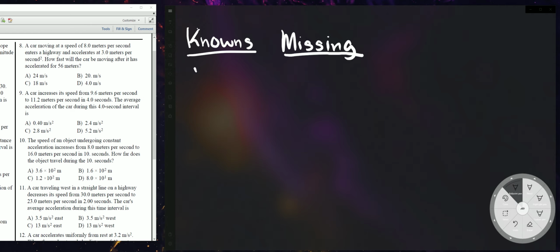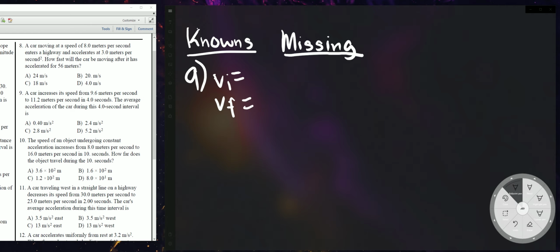Number 9. A car increases speed from 9.6 meters per second to 11.2 meters per second in 4 seconds. So it's going from this speed to another speed. You know it's speed because it ends in meters per second. So it's going from your initial velocity to your final velocity.